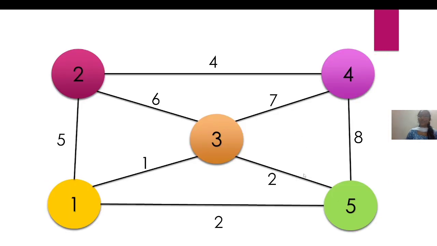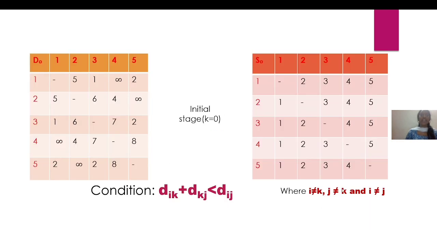Similarly, 5 to 1 it is 2 and 5 to 2 there is no direct edge, so that is infinity. 5 to 3 it is 2, 5 to 4 it is 8 and 5 to 5 it is empty. So this is how we fill the distance matrix. Let us see how to fill the vertex sequence matrix. It is filled in this form: each column will be filled with its number. The first column will be filled with the number 1, the second column with 2, the third column with 3, the fourth column with 4 and the fifth column with 5, except the diagonal entries.